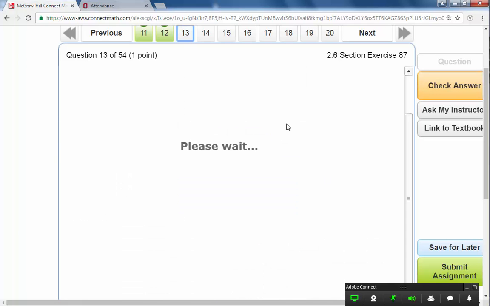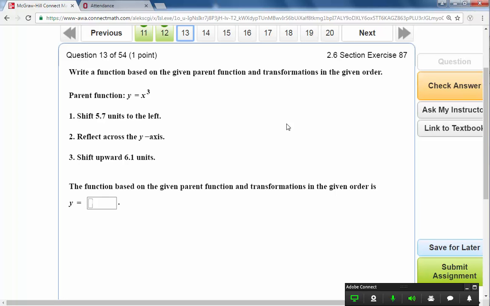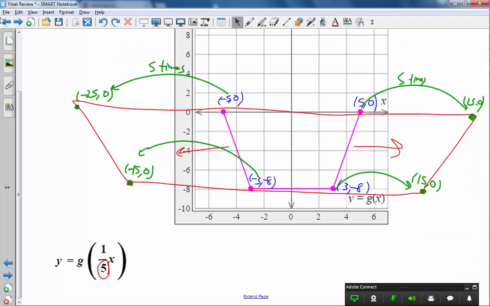All right, there are more transformations on the way. This time, verbally, they are explaining what's going on with the function. There is a parent function given, x cubed. You know very well the graph of this. You're going to graph this and make these transformations. And finally, this equation will turn into a totally new one. And you're going to write down that equation here. And here's your guidance.